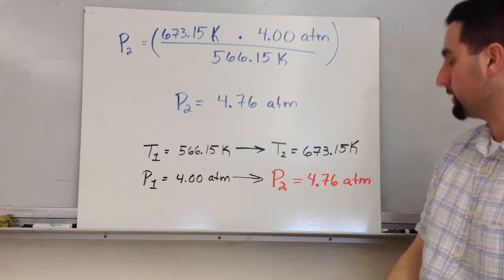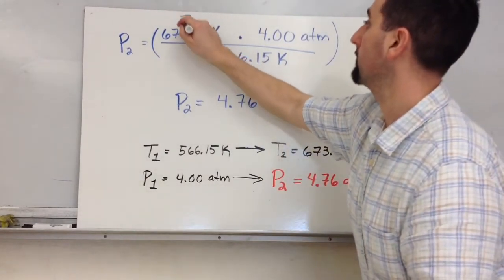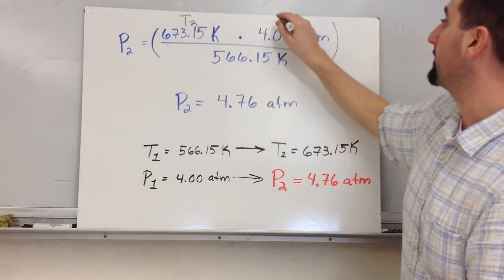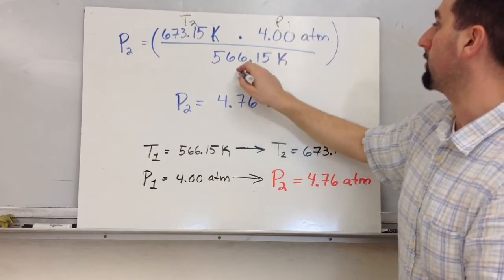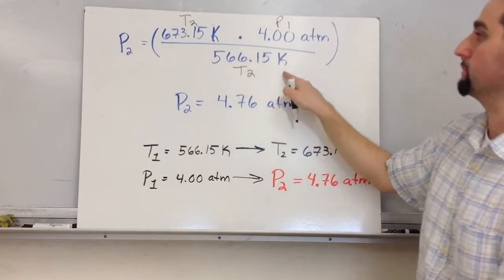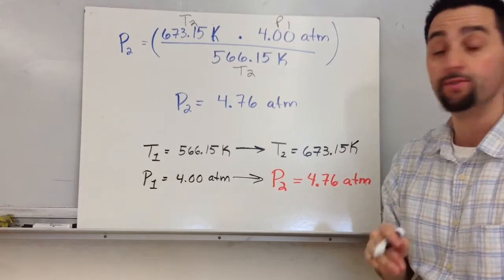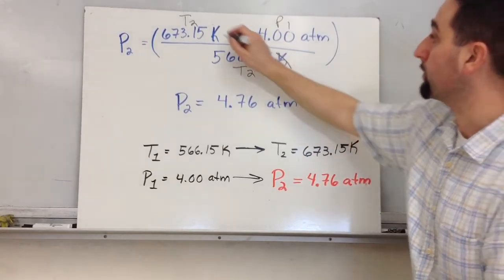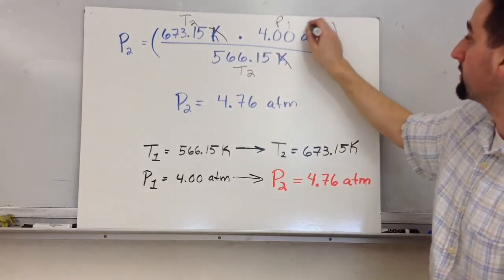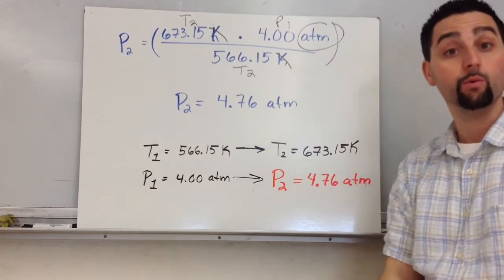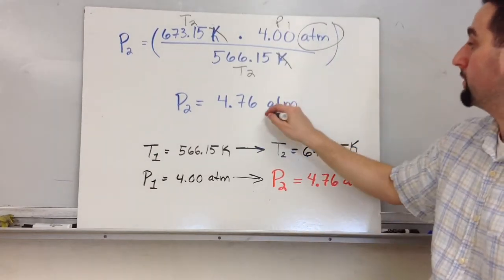If we look at this, here's our T2, and here's our P1, and our T1. If you notice here, the Kelvins are going to cancel, a Kelvin for a Kelvin. So we're left with the unit that we desire, which is the atm.